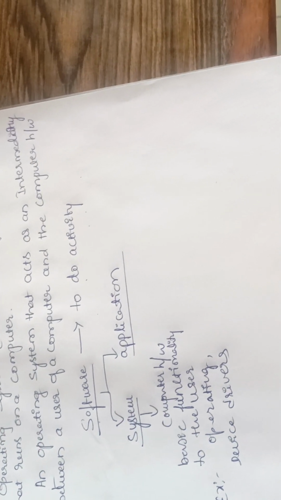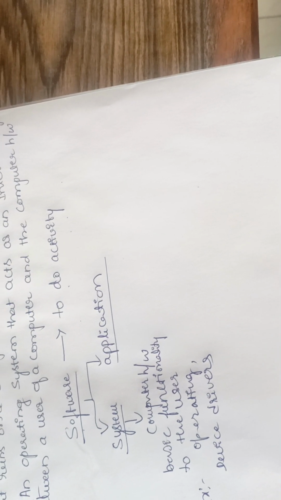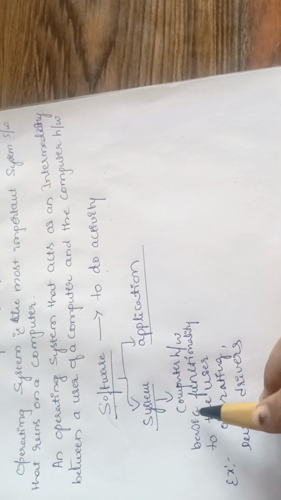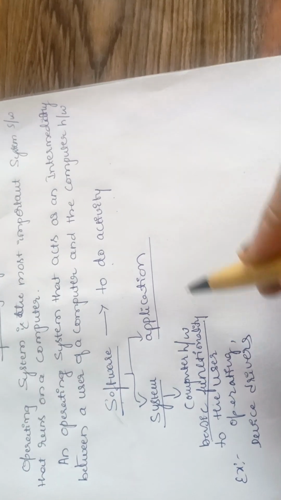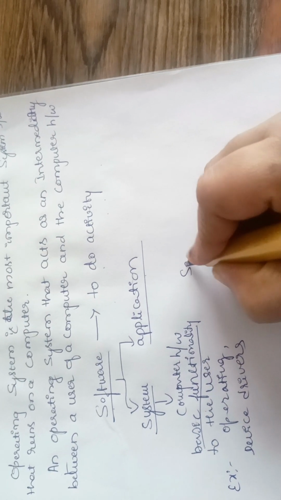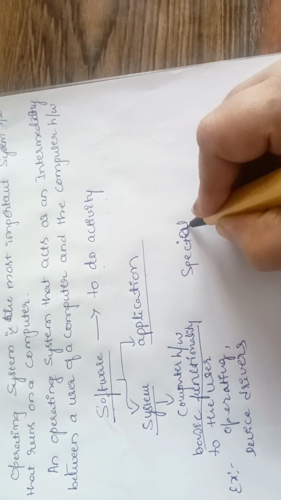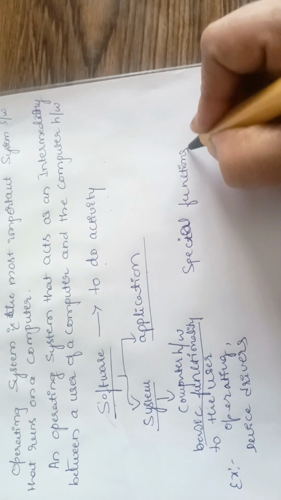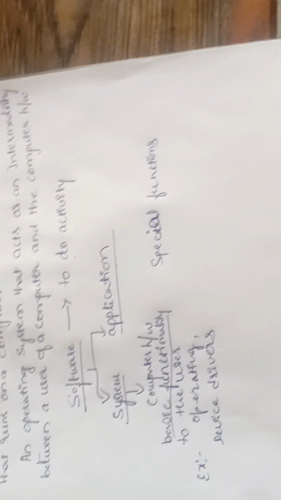Okay, so what is application software? Application software means, here these provide some basic functionalities, but in application software, it performs special functions, or provides functions that are much more than the basic operations.